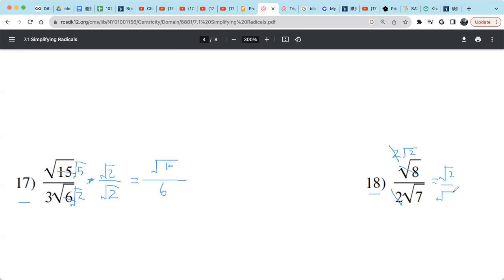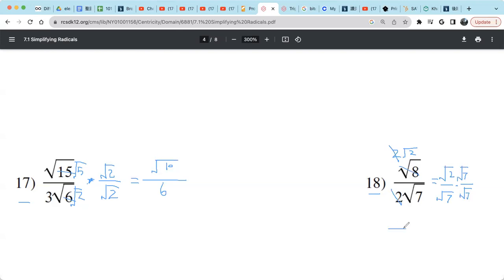Then what do we have to multiply? To rationalize the denominator, to make the denominator a rational number, we have to multiply by itself. So for square root of 7 in the denominator, we multiply by another square root of 7, and we do the same for the numerator.